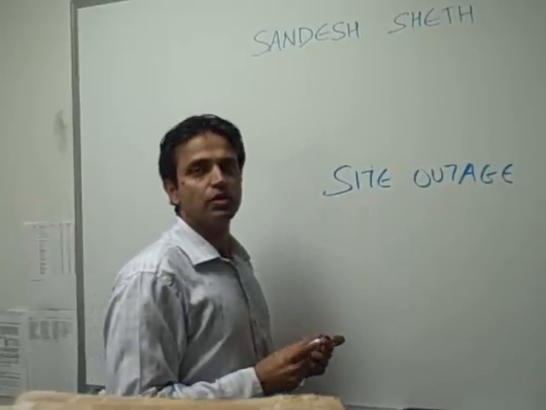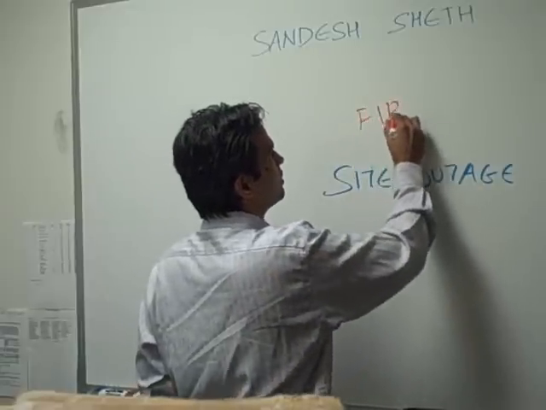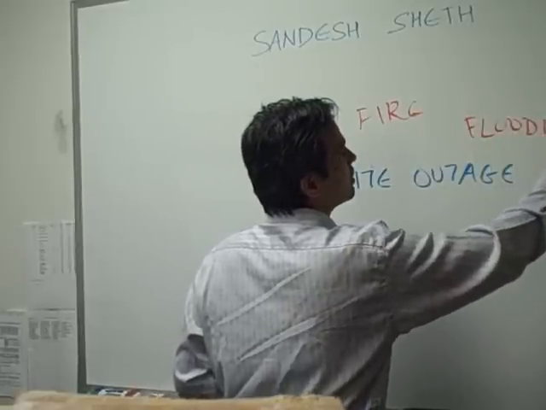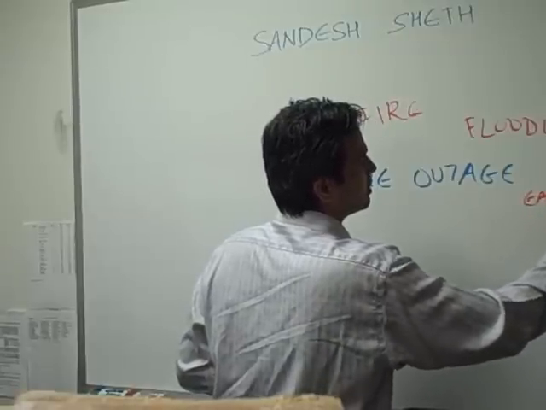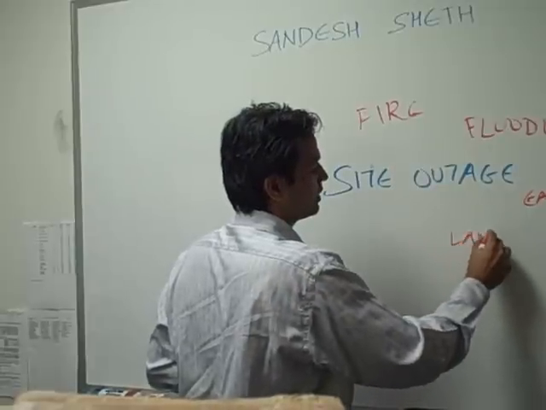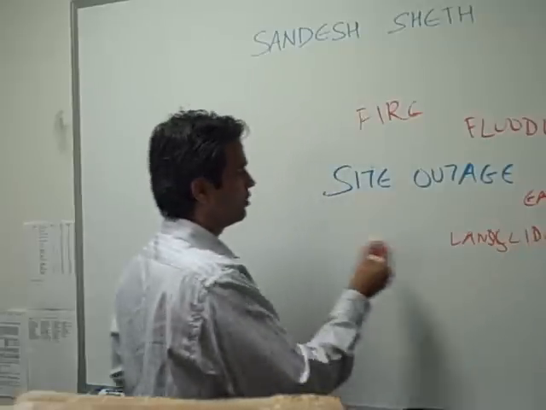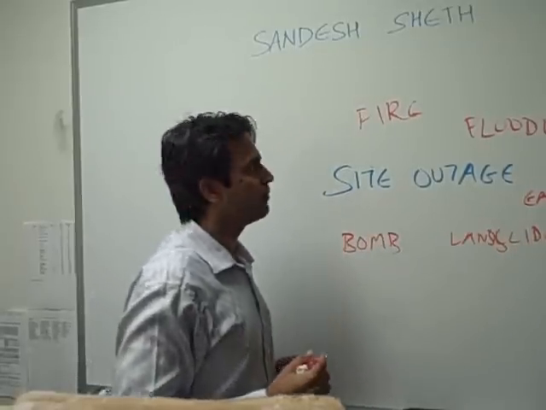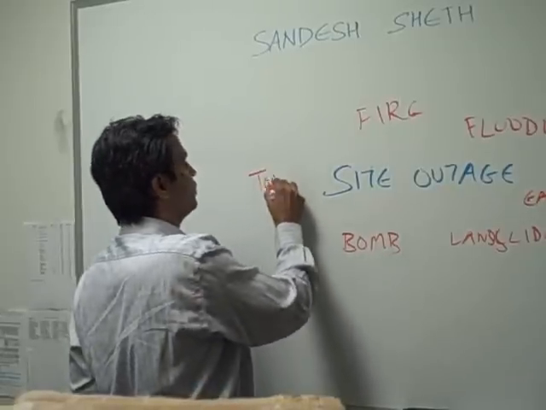A site outage could occur due to a fire, a flood, an earthquake, a landslide, a bomb, a terrorist attack, or any other reason, a tornado for example.